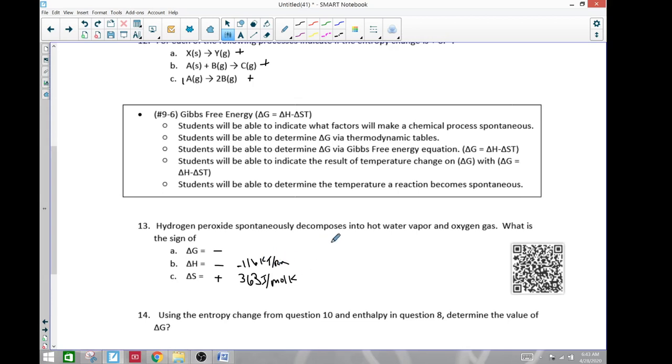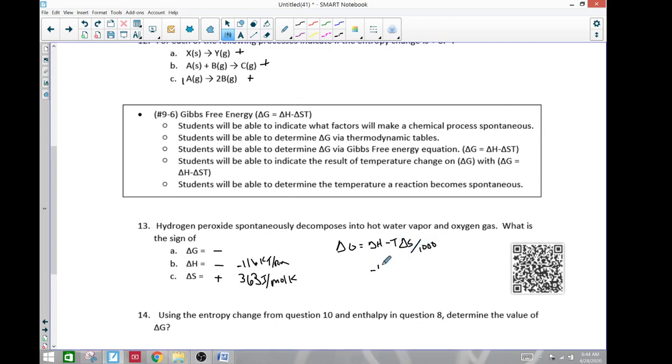So in this case, delta G is equal to delta H minus temperature times delta S. Sometimes I do put a divide by 1,000 here just so that people remember to put this in kilojoules.